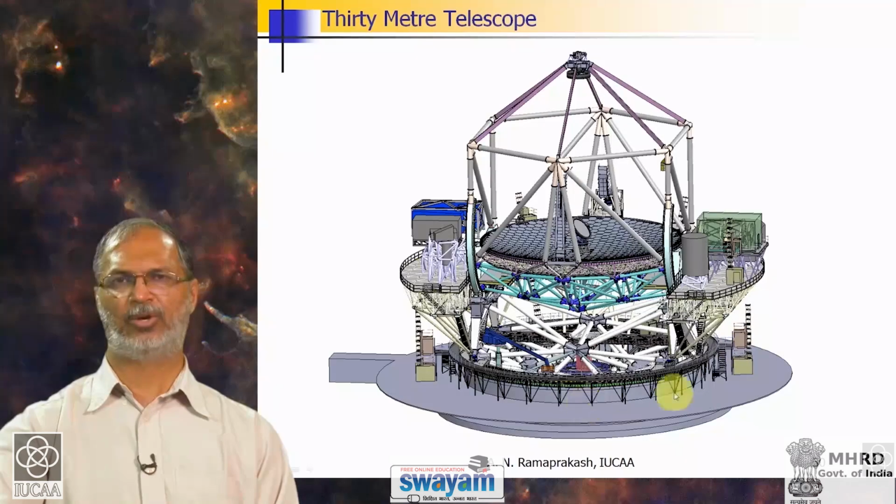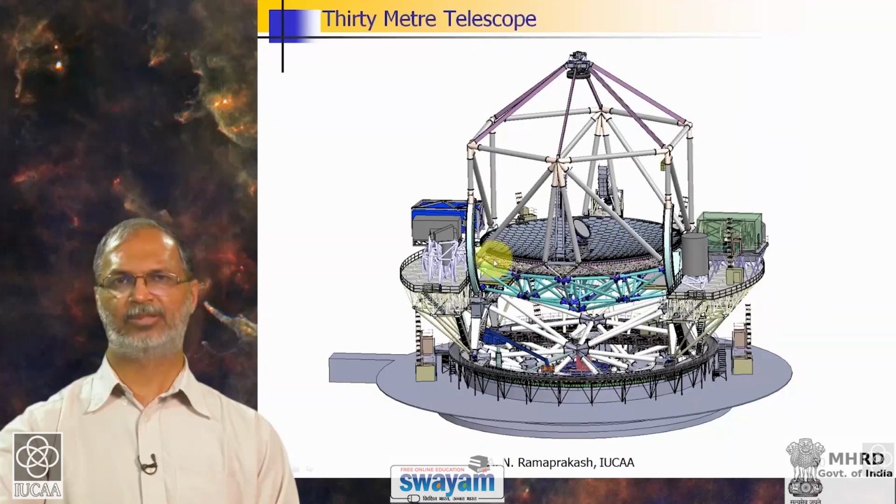This is a SolidWorks model of the telescope. Its size is 30 meters in diameter, almost the size of a small football field, and this is the primary mirror of the telescope, made of about 500 hexagonal shaped segments arranged together to form a surface of 30 meter diameter.